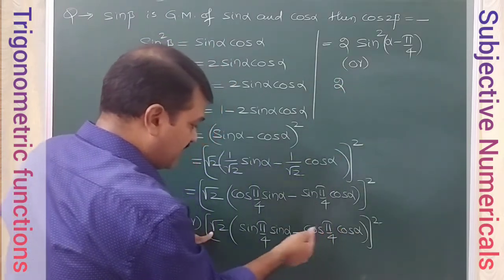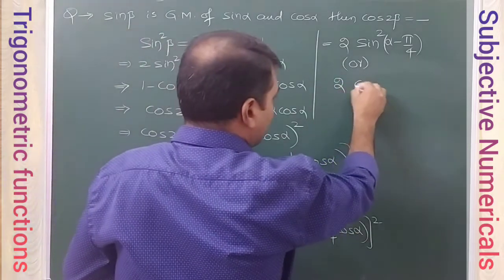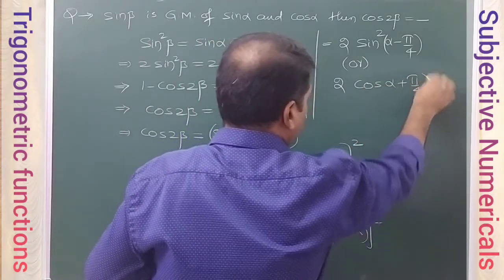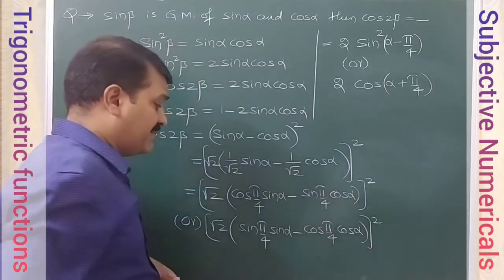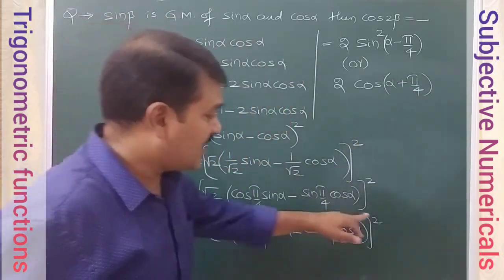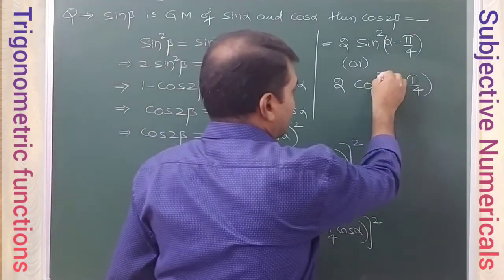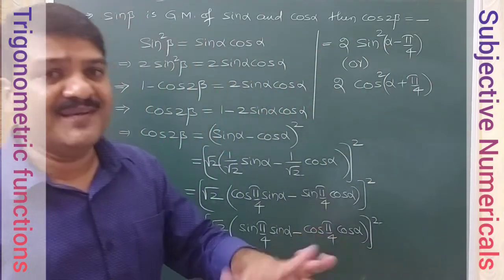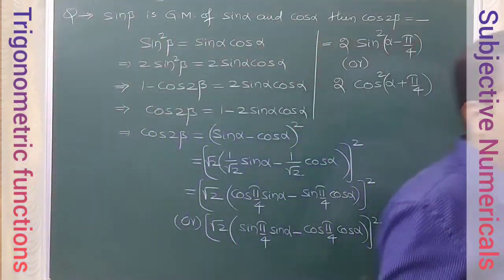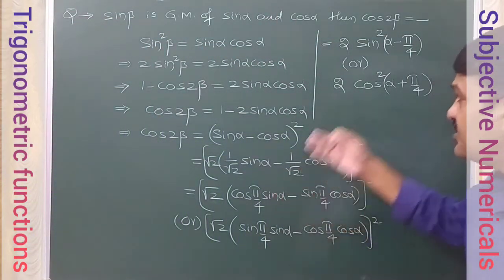Cos A cos B minus sin A sin B, cos of A plus B. So you can write alpha plus pi by 4 or pi by 4 plus alpha, both are same only. And since you have whole square, I am writing square here. So two different models we will get, either this model or this model. We can actually write the expression as.